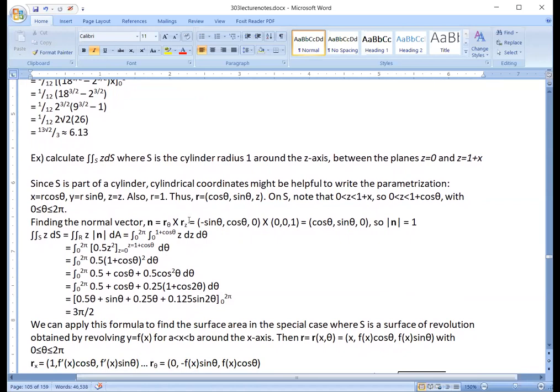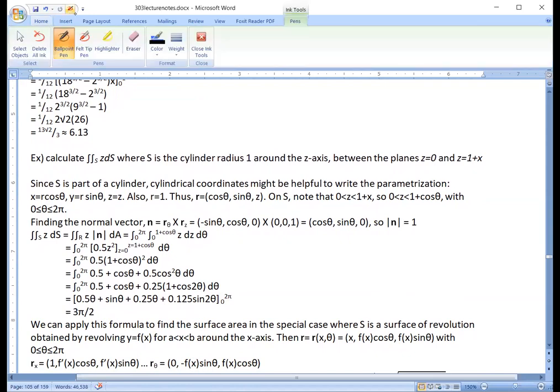For dr dx, looking at the function r, which remember is right here, just take d/dx of each component. d/dx of the first component is just 1. d/dx of the second component is f prime of x cosine theta. d/dx of the third component is just f prime of x sine theta.